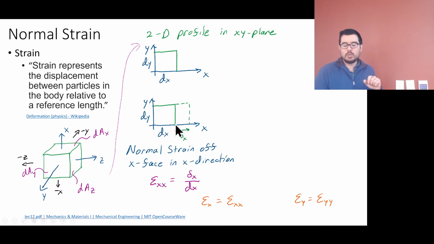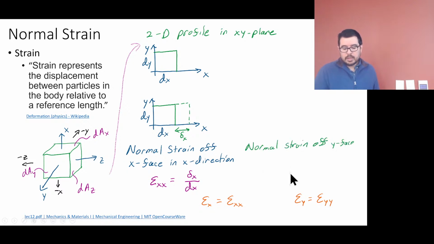And of course, this is greatly exaggerated. At the local level, unless it's a rubbery material, where you have, actually I'll show that in a second, greater than 10%, some of these silicones can go up to like 900% strain. This will typically be much, much less.